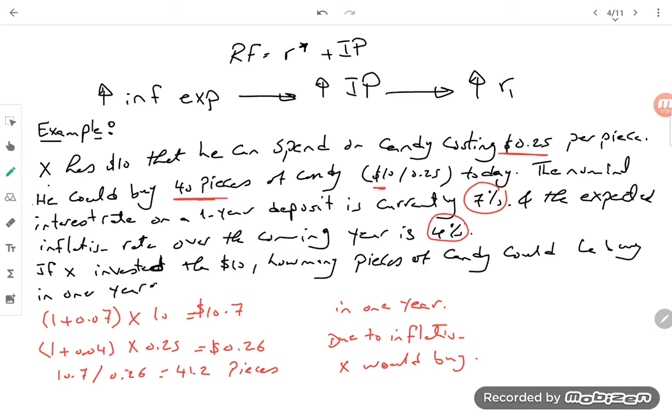So this means that there is an increase of about 3% in the buying power, which is reflected by an increase in the real rate of return, due to the difference between the interest rate and the inflation rate.